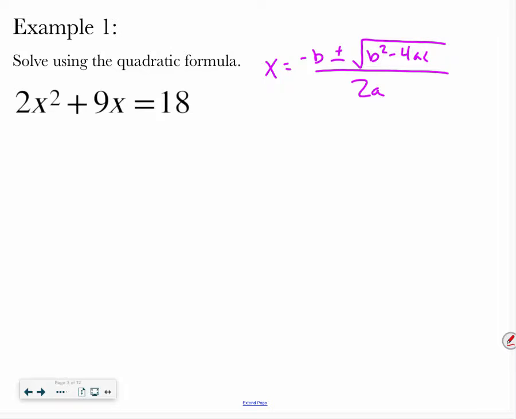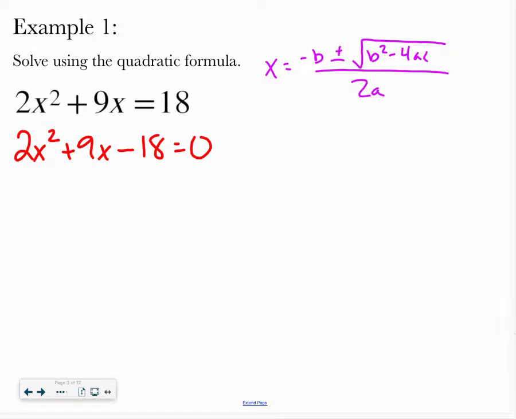So we have 2x squared plus 9x equals 18. So we're almost there, but not quite. We have to move that 18 over so that it's equal to 0. The quadratic formula only gets used when something is equal to 0. So we're going to say 2x squared plus 9x minus 18 equals 0.